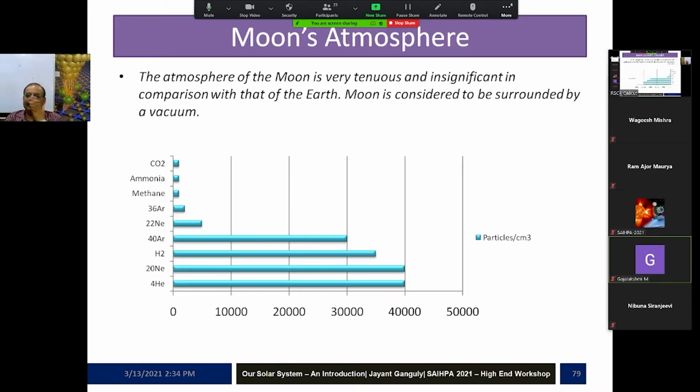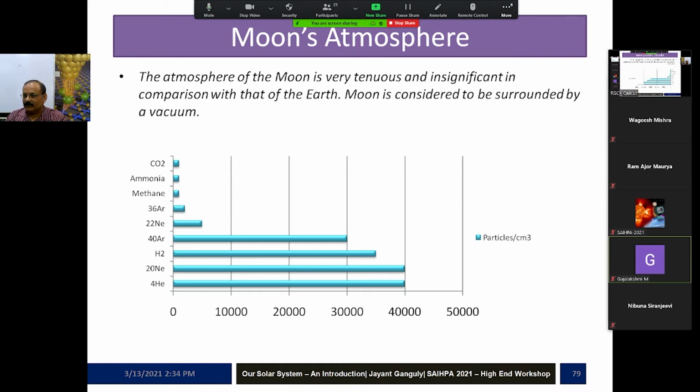Though we don't have any gaseous atmosphere on the moon, as I said, there are certain parameters like escape velocity and the root mean square velocity, the average velocity of the gas. If the average velocity is less than the escape velocity, the gas is retained. Most of these parameters may not have been satisfied on the moon, so the moon has a very tenuous atmosphere.